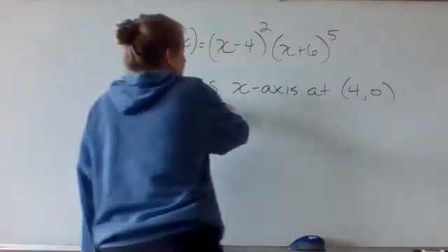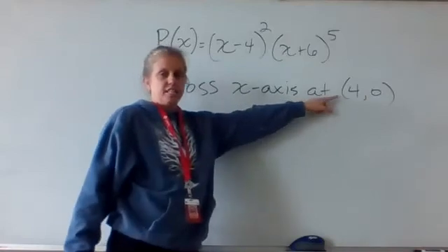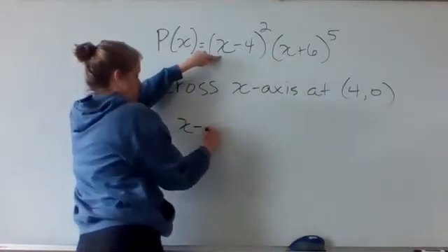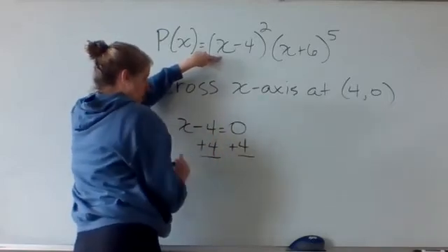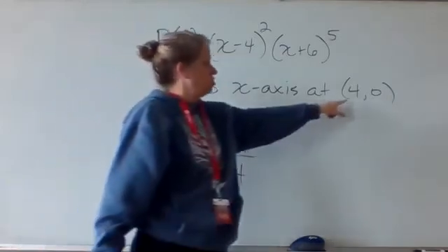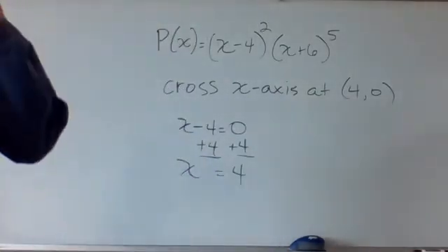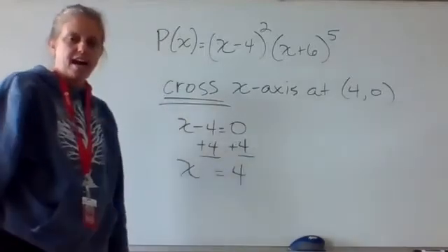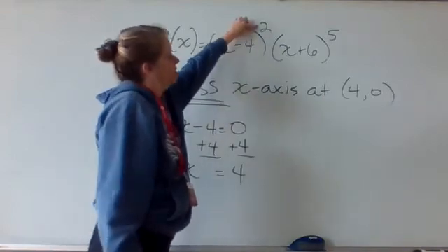So let's see, what factor would this have come from? If the x-intercept is 4, that means it came from this one, right? Because if you set that equal to 0 and solved it, you would say x equals 4, which is an x-intercept of 4, 0. Now, here's the word. It crosses at that x-intercept. But look, what is this one's multiplicity?